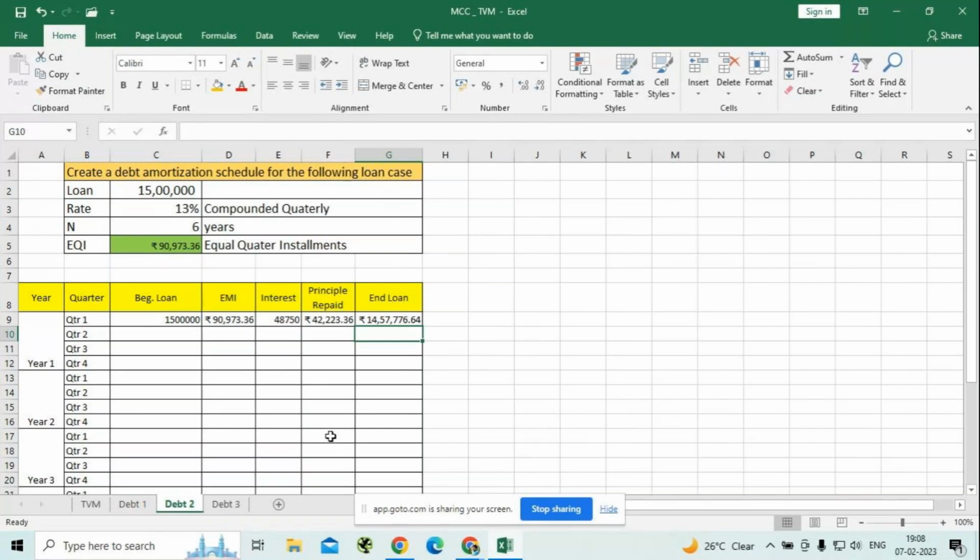Now the second quarter will be equal to the previous quarter's ending loan amount, and as we know this is going to be the same amount.